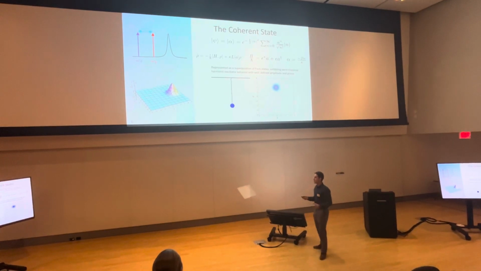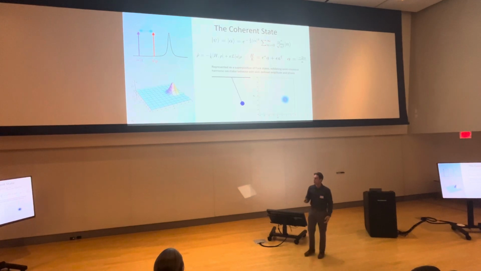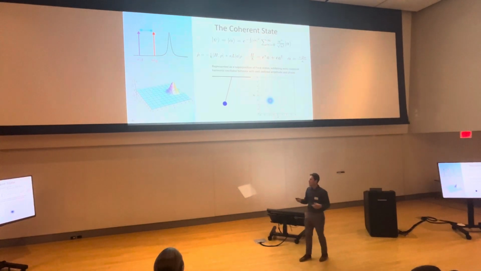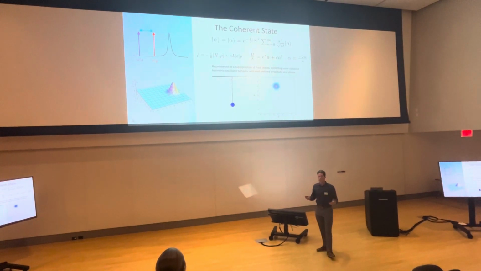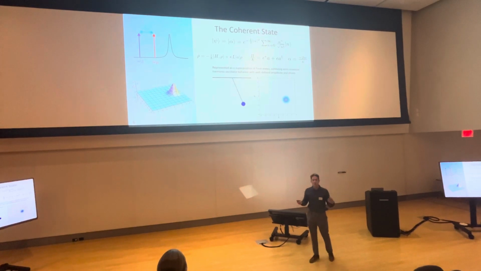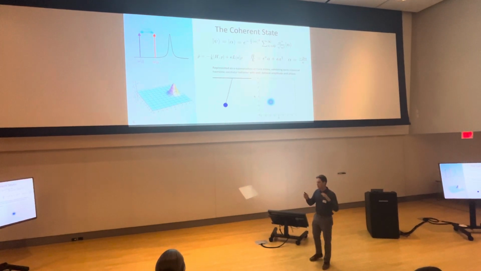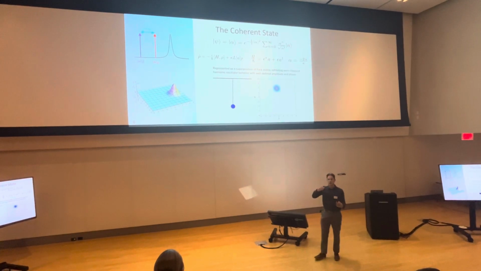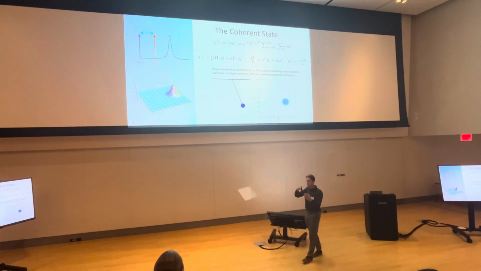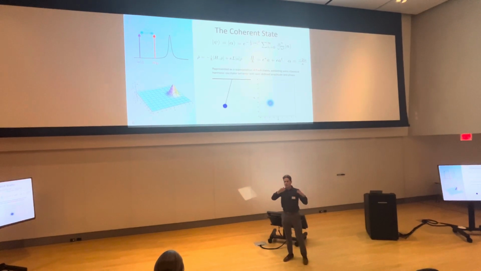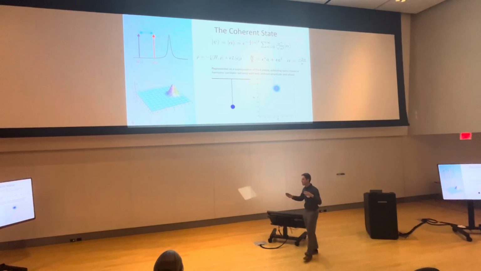So a coherent state is a superposition of Fock states, as we can see from the top equation, that exhibits semi-classical behaviors of a harmonic oscillator. We can think of a coherent state like a harmonic oscillator if you took the ground state as the harmonic in its equilibrium and displaced it and allowed it to realize this oscillation.